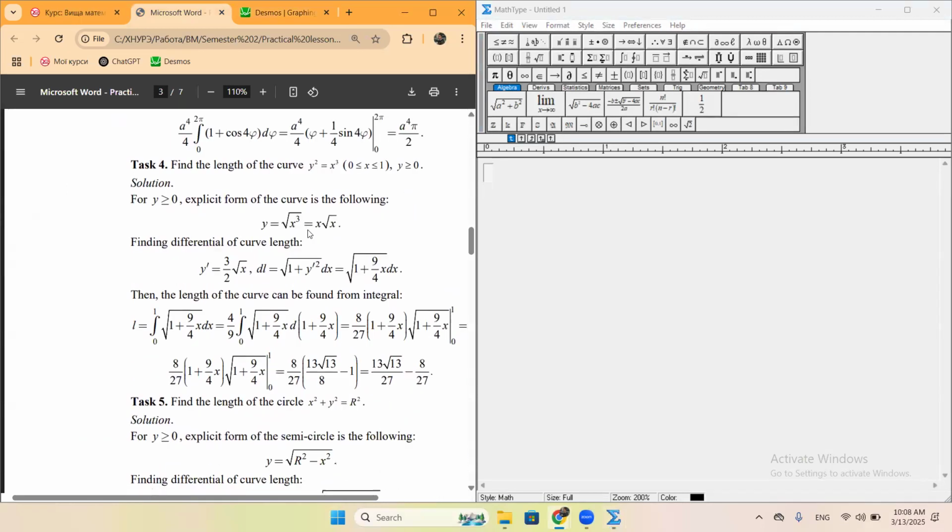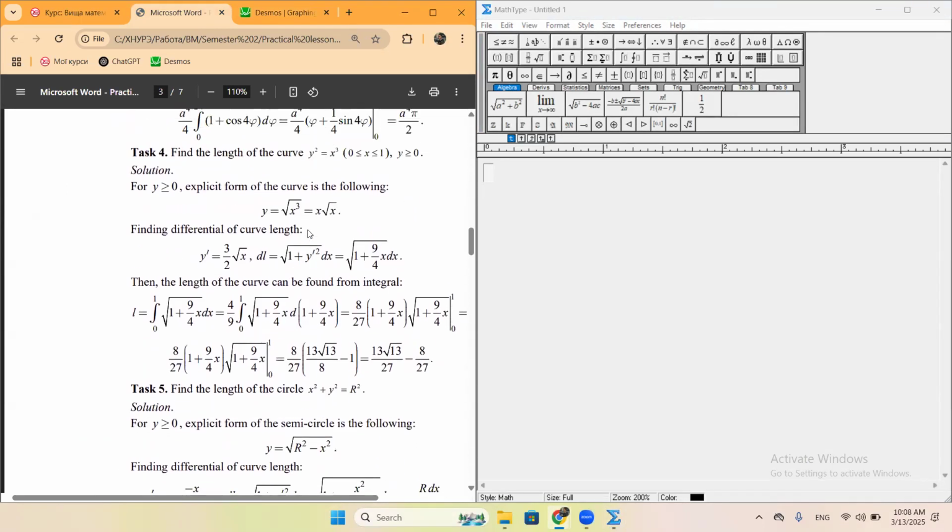Then we need to find the length of the circle. Let me not draw the circle. Let's find just the length of a quarter of the circle. And by the way, here is the explicit form of the semicircle, the one on the top.